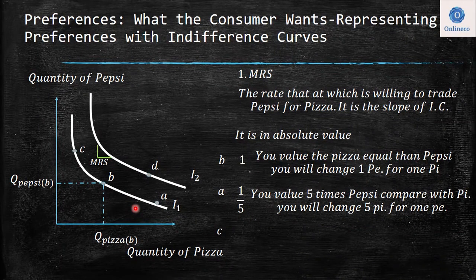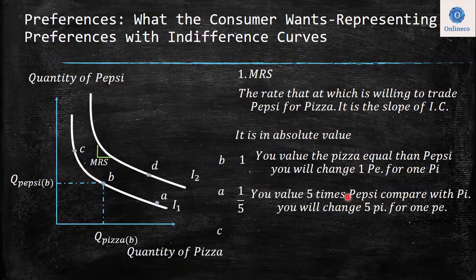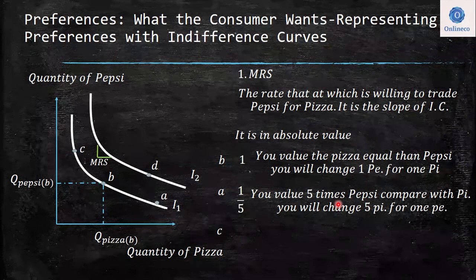Due to that, you are willing to change at this part. You value Pepsi 5 times because you are completely thirsty. So you can change 5 pizzas for just 1 Pepsi because you really value it a lot.